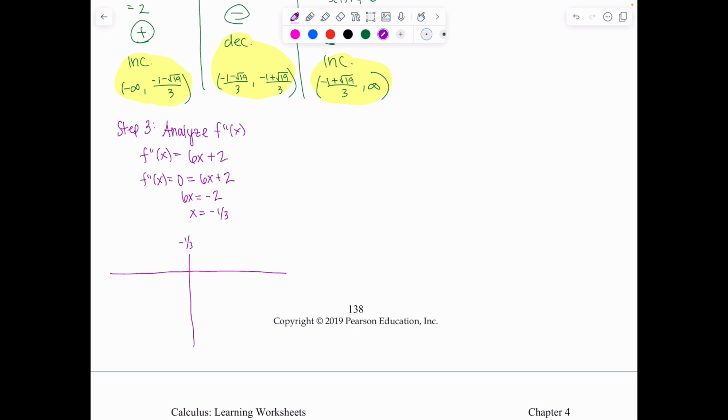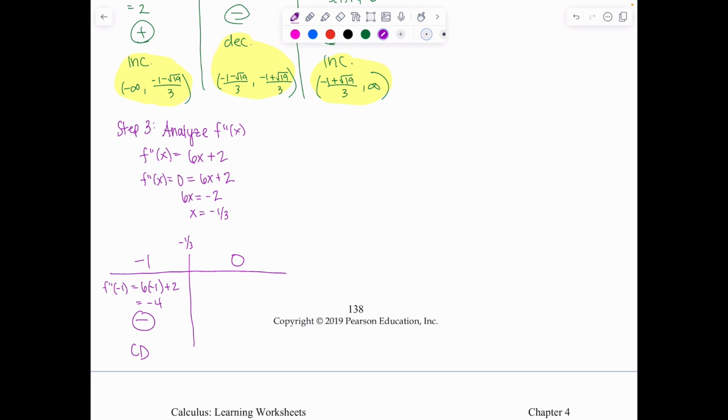Lower than that, let's look at -1. Higher than that, let's look at 0. Those are pretty easy numbers to work with. So our second derivative at -1 will be 6 times -1 plus 2. So we'll have -4. So that tells us concave down.